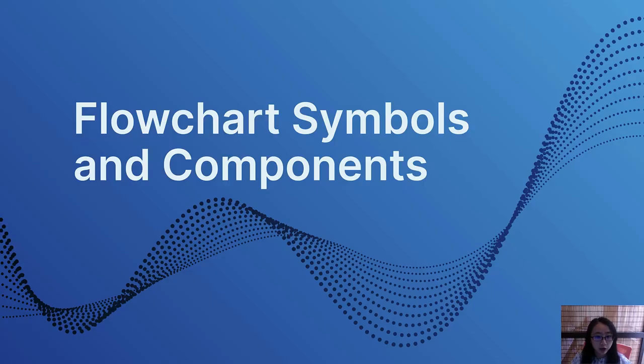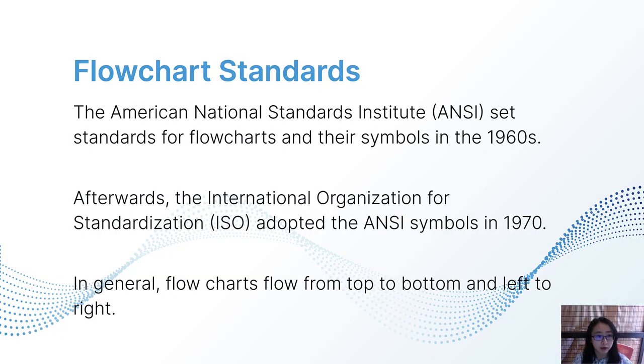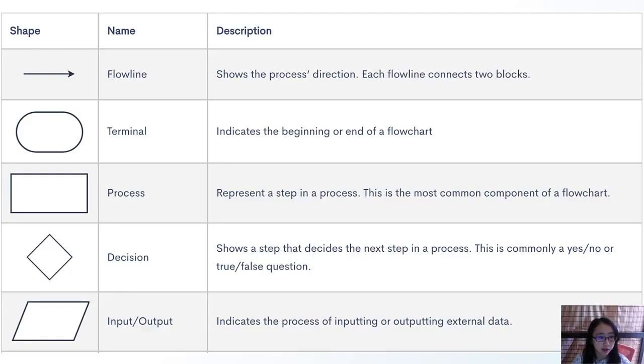So now I want to talk about some flowcharting standards. Actually, there are many standards about what symbols to use and what each symbol means. For example, these are some of the commonly used symbols, like the flow line, and this shape means a terminal, for example, start or stop.